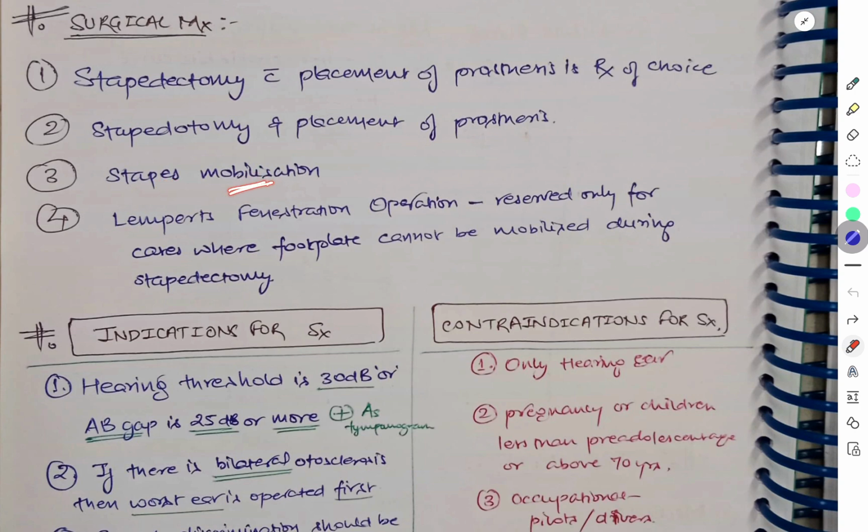Then stapes mobilization, and the fourth one is Lempert's fenestration operation, reserved only for cases where the footplate cannot be mobilized during stapedectomy. In that case the footplate is fenestrated. So we have four options: stapedectomy with placement of prosthesis, stapedotomy and placement of prosthesis, stapes mobilization, and Lempert's fenestration operation.